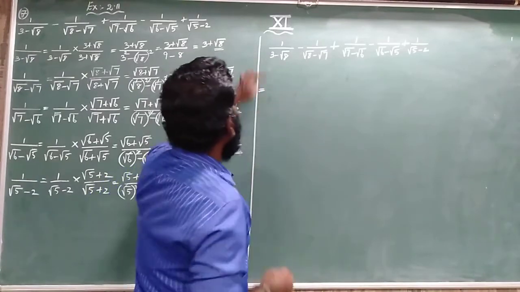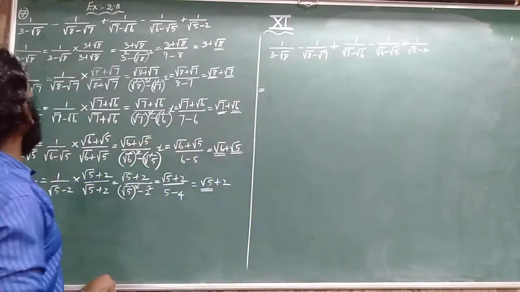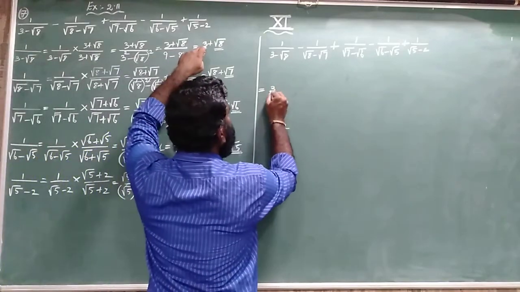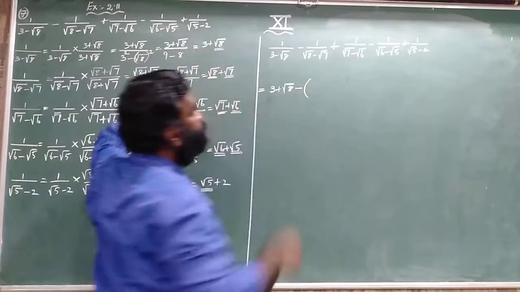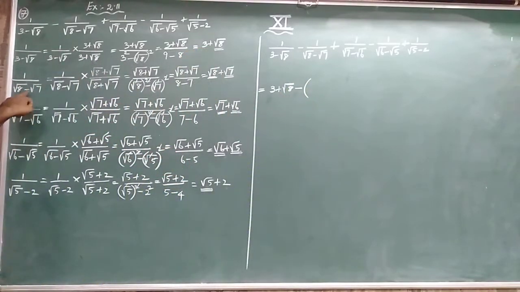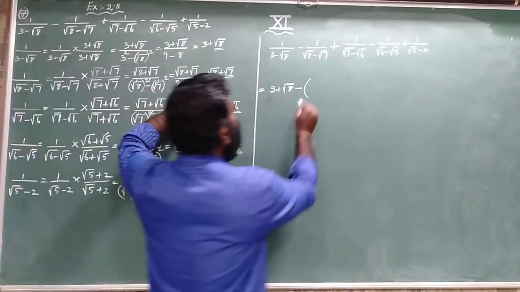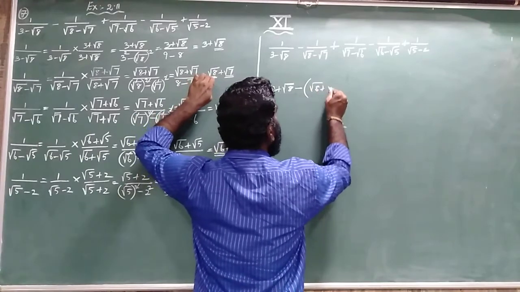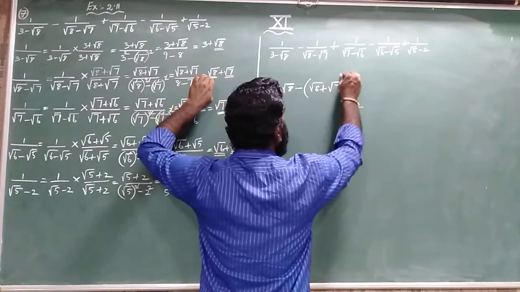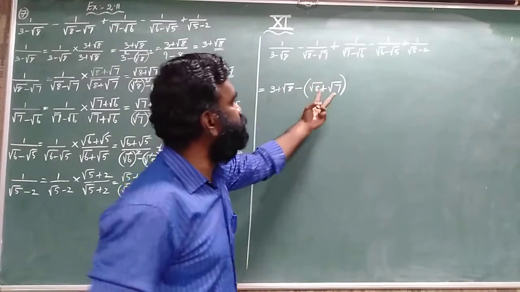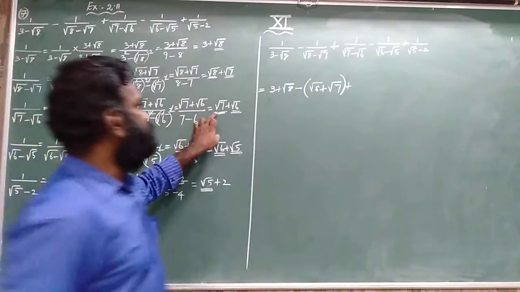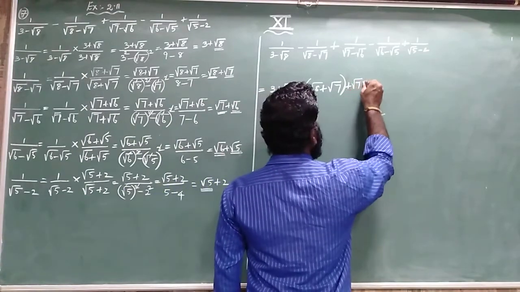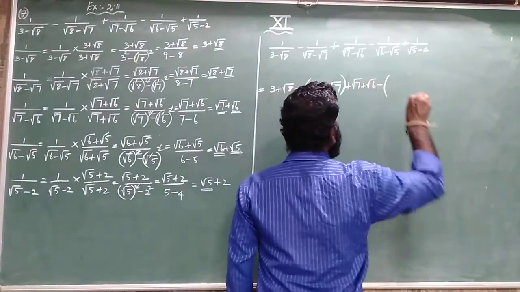Equal to 1 divided by 3 minus square root of 8, which gives 3 plus square root of 8. Put minus; because of minus, I need to put the bracket: 1 divided by square root of 8 minus square root of 7 gives square root of 8 plus square root of 7. Plus 1 divided by square root of 7 minus square root of 6 gives square root of 7 plus square root of 6, with a bracket since minus.